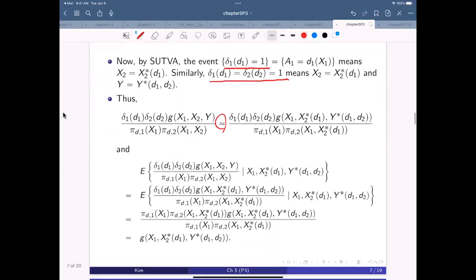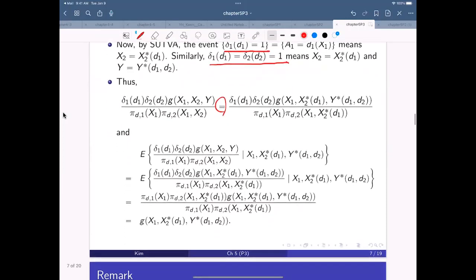So that actually gives you a very good property. Now you want to take the conditional expectation of this given the potential outcomes. Given the potential outcomes, everything is fixed. The only thing that is random is delta.